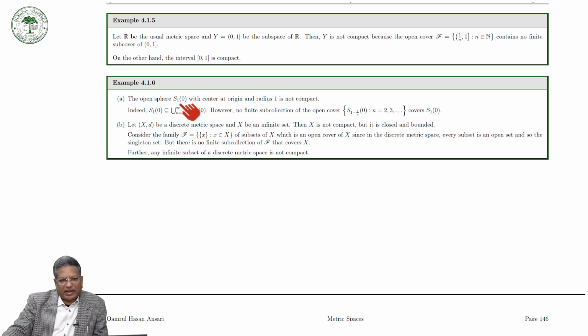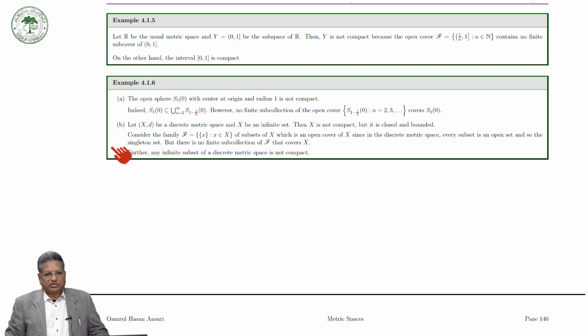As I mentioned earlier, whenever we discuss any example in a metric space, you must first try the real line, whether the real line satisfies the conditions or not. Second, for counterexamples especially, you must check the discrete metric space. You know that in the discrete metric space, every subset is closed as well as open.